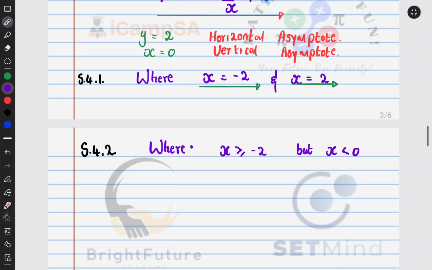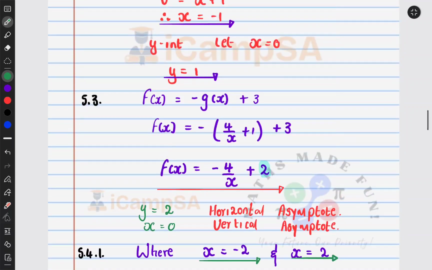So let's write that in the proper way. We're gonna say where x is greater or equal to -2 but less than 0. So that is how you will present that. That is your answer there for 5.4.2.